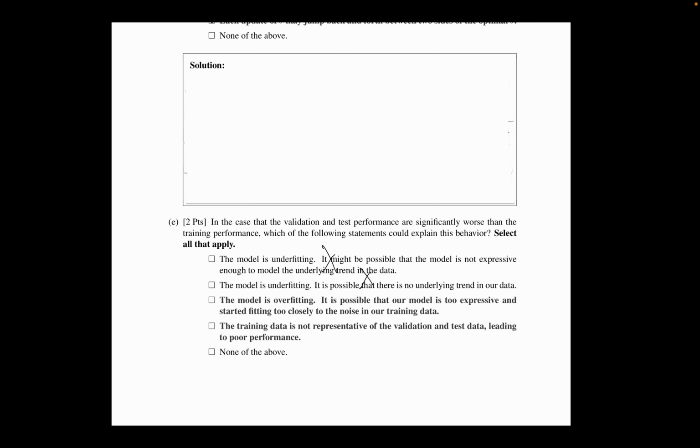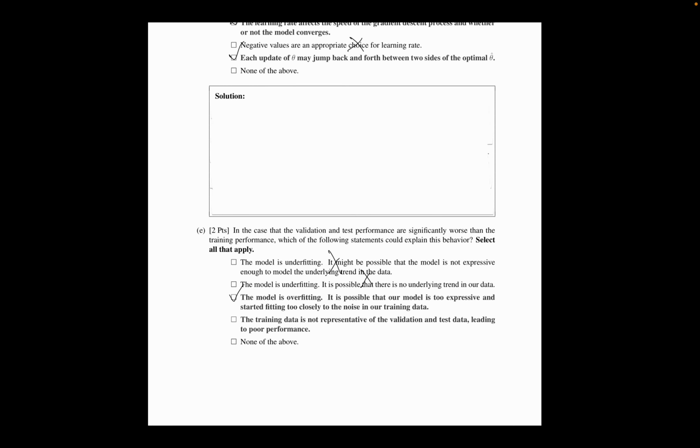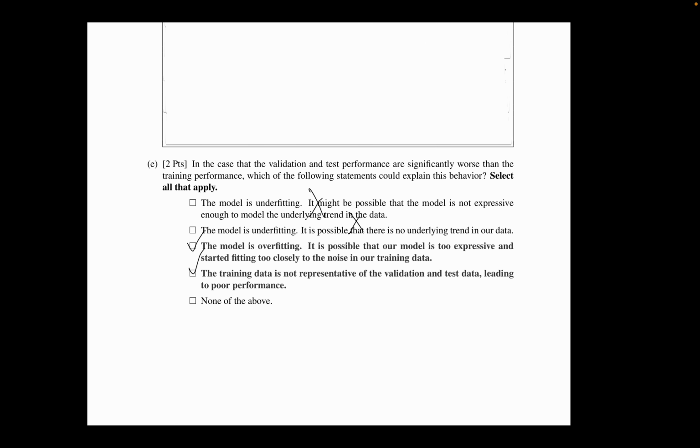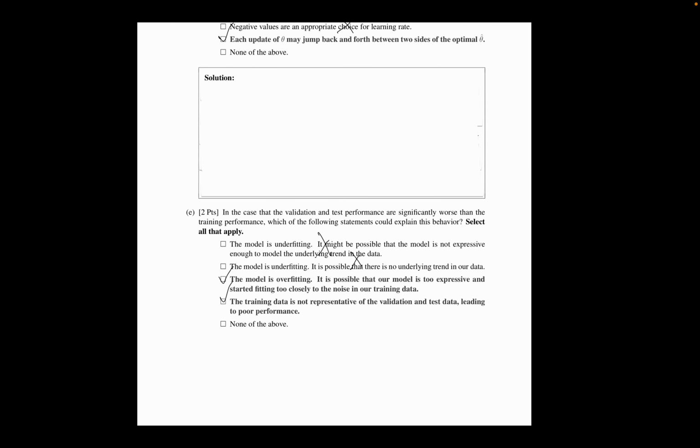And for option 3, it is correct since our validation or test performance is lower. It might be possible that our model fitted to the variance present in our training data. For option 4, it is also correct because if there's a mismatch between our training or validation and our testing sets, it can lead to this result.